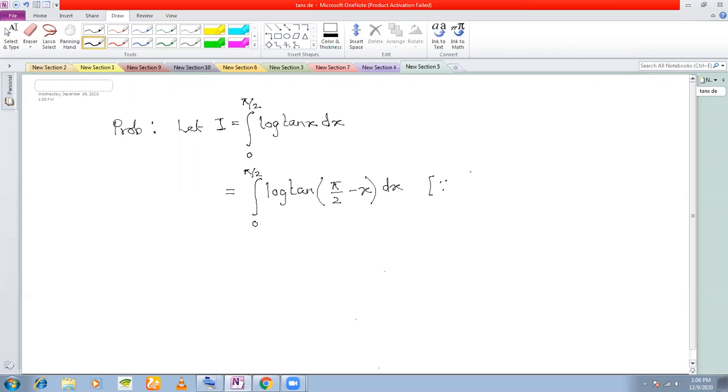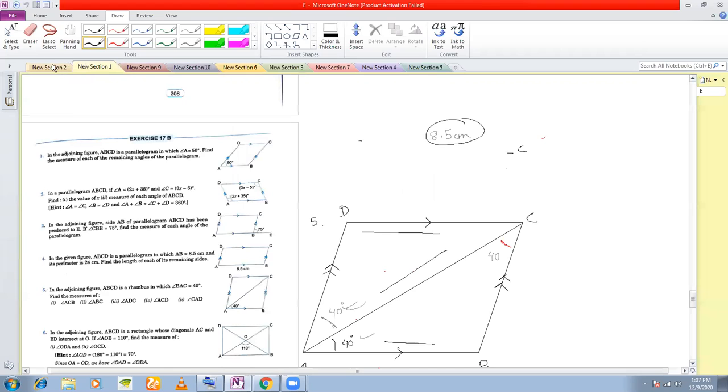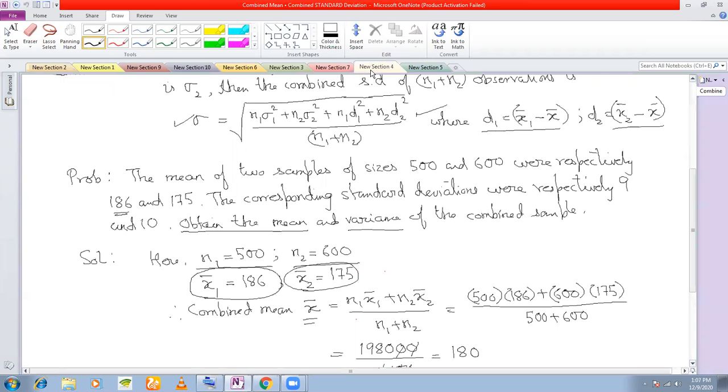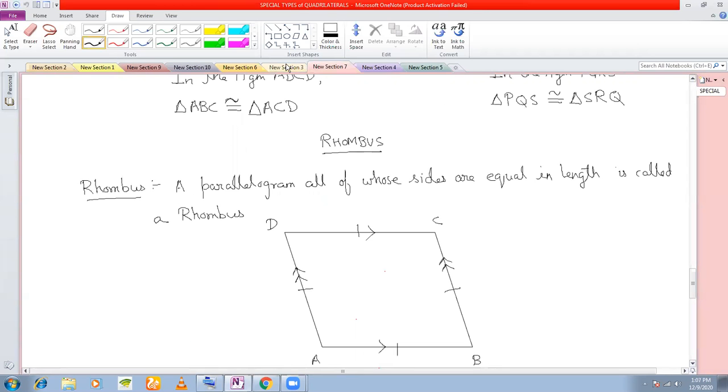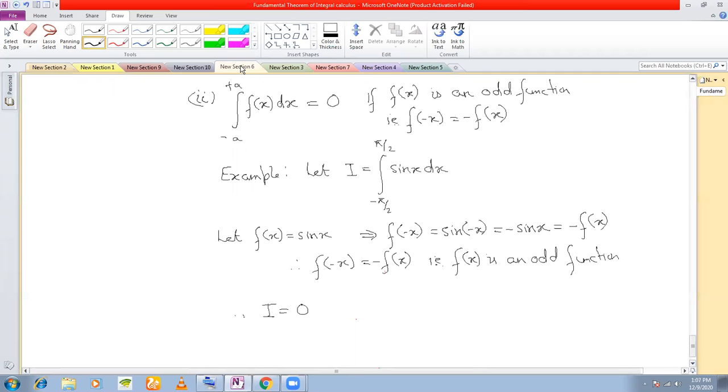Because we have done this property: integral 0 to a of f(x) dx is equal to integral 0 to a of f(a minus x) dx. Now check whether you can relate. See, same property.